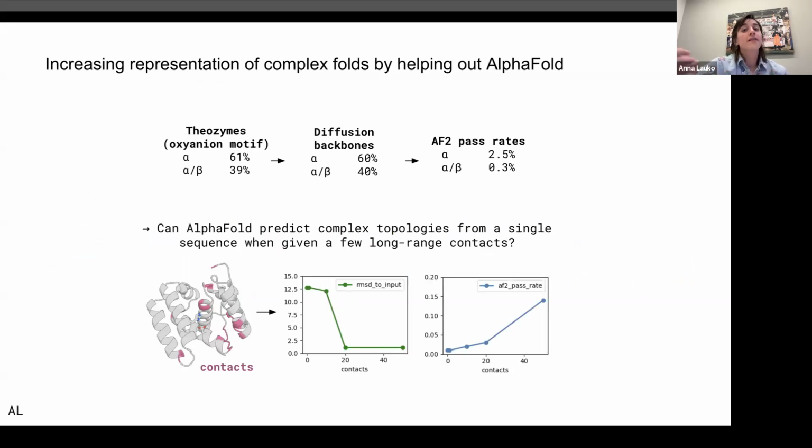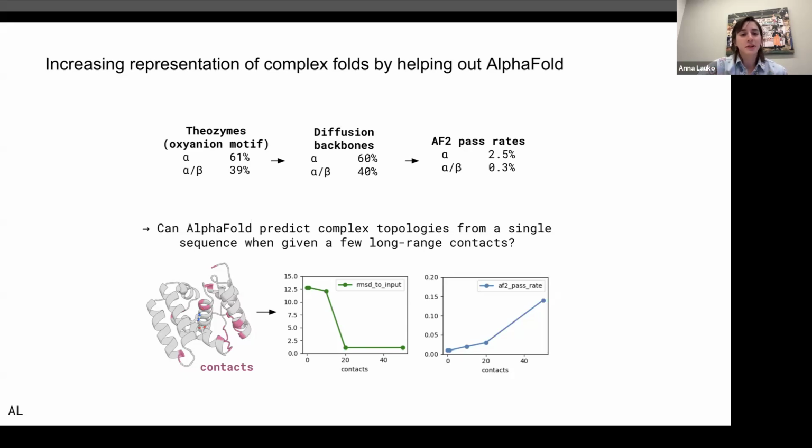So why are all our designs helical? This comes mainly from a bias in AlphaFold single sequence prediction for helical proteins. AlphaFold is just better at predicting helical proteins without MSA information. So we would make these thiazymes that had small helix chunks and beta strand chunks on the catalytic residues.